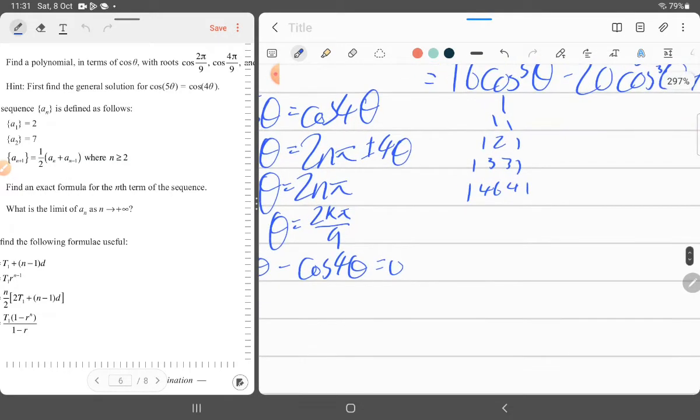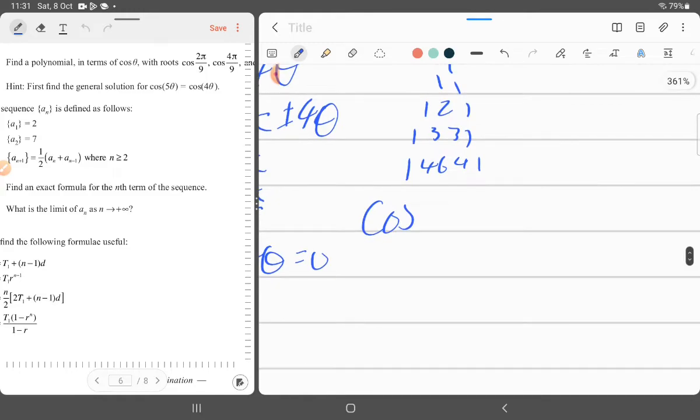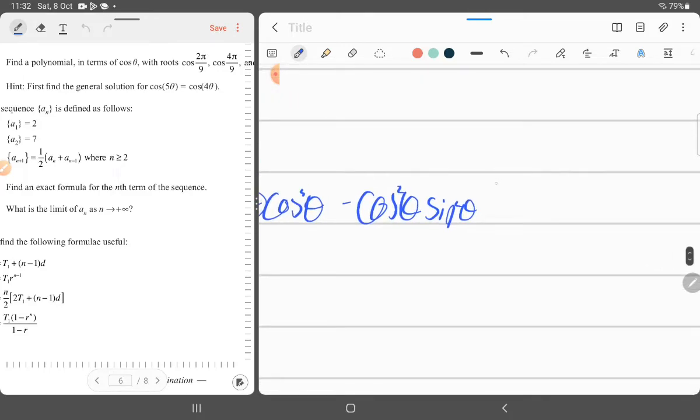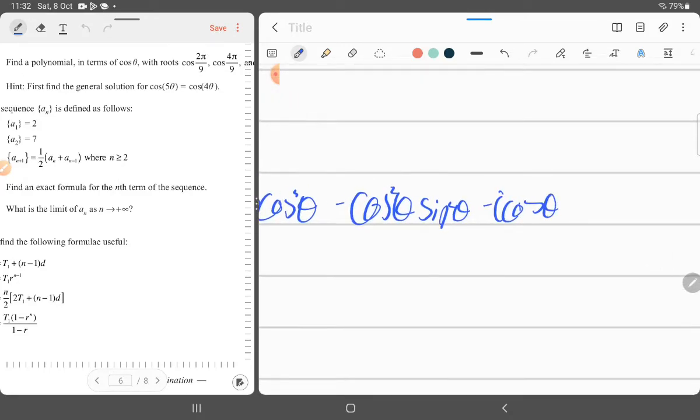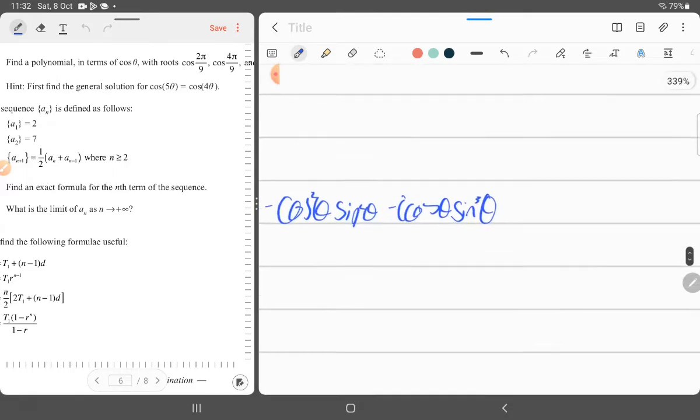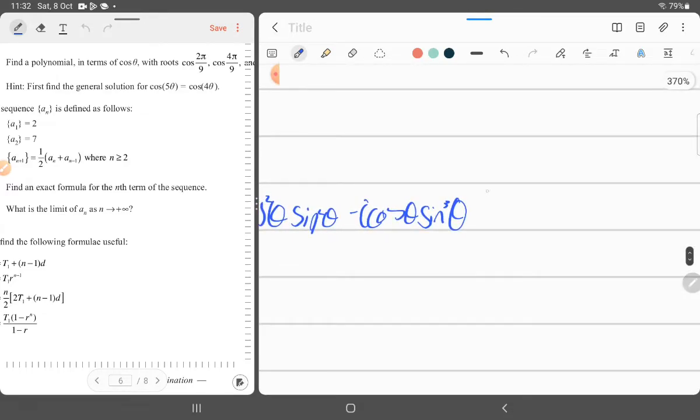So powering it by 4, so cosine to the power 4 theta plus i sine theta cosine cubed theta minus cosine squared theta sine squared theta, minus i cosine theta sine cubed theta, plus sine to the power 4 theta.